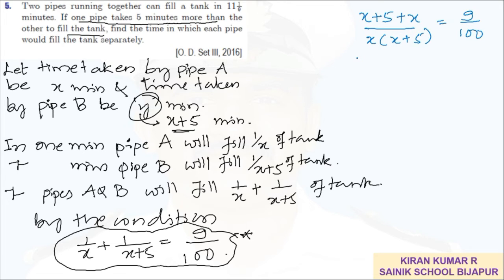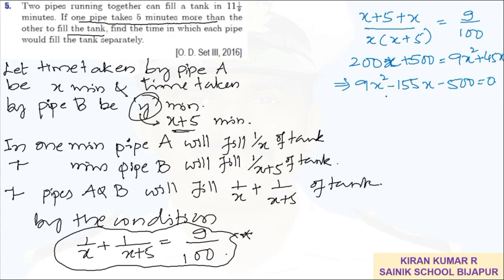Now cross multiply, it is 20x + 50 = 9x² + 45x. Further, the equation can be written as 9x² - 25x - 50 = 0.